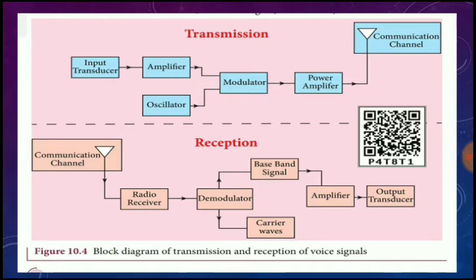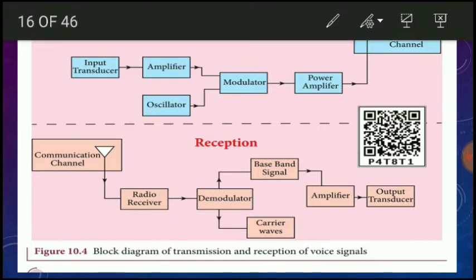The transmission section consists of input transducer, amplifier, oscillator, modulator, power amplifier, and antenna. Under this title, actually 11 components are there. You should write all the components, because this is a 5 mark question with this diagram. You should know this diagram.